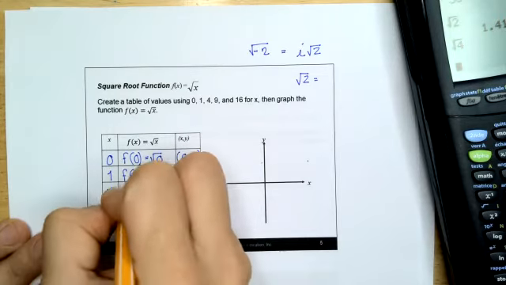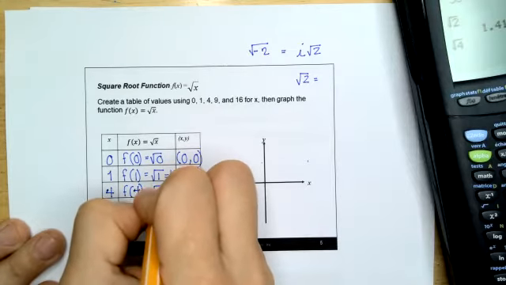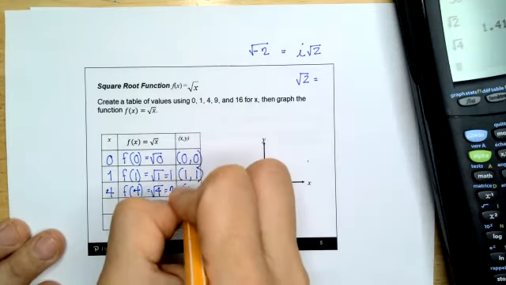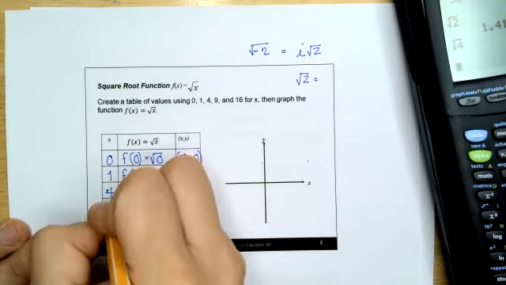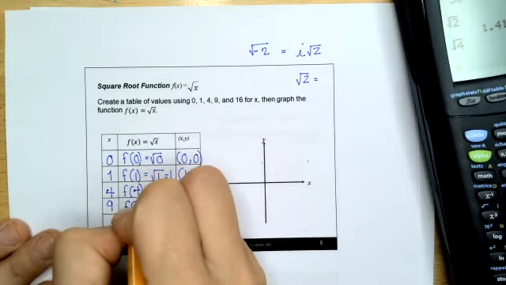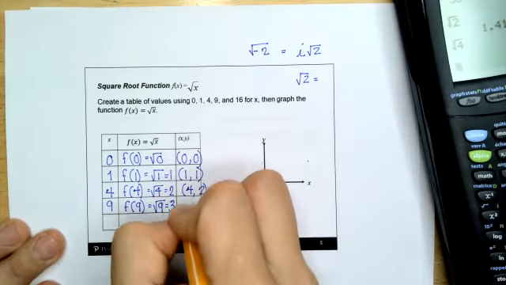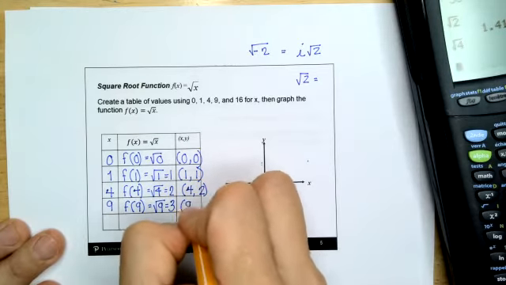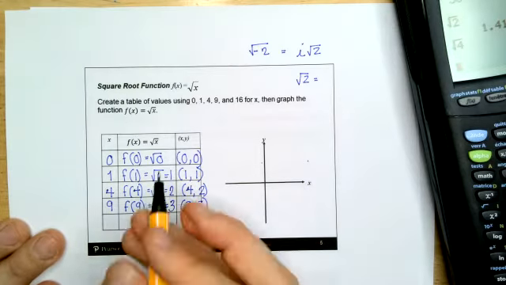I'm not going to do 2, I'm going to do 4 because the square root of 4 is 2. So that point's going to be 4, 2. And then I'm going to do, what's 3? 9. F of 9 means the square root of 9 is 3, right? And this isn't cheating, it's just good planning, right?